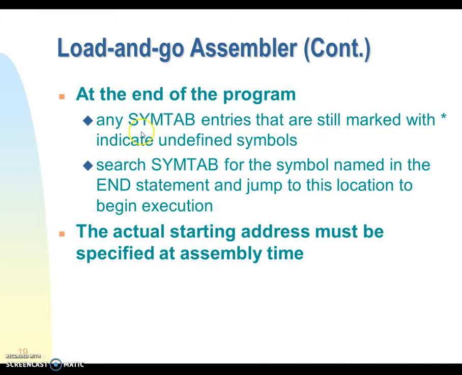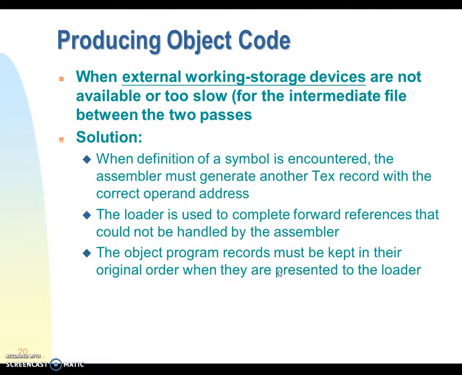At the end of the program, any symbol table entries still marked undefined indicate undefined symbols. Then search the symbol table for the symbol named in the end statement and jump to that location to begin the actual execution. So the actual starting address must be specified at assembly time.